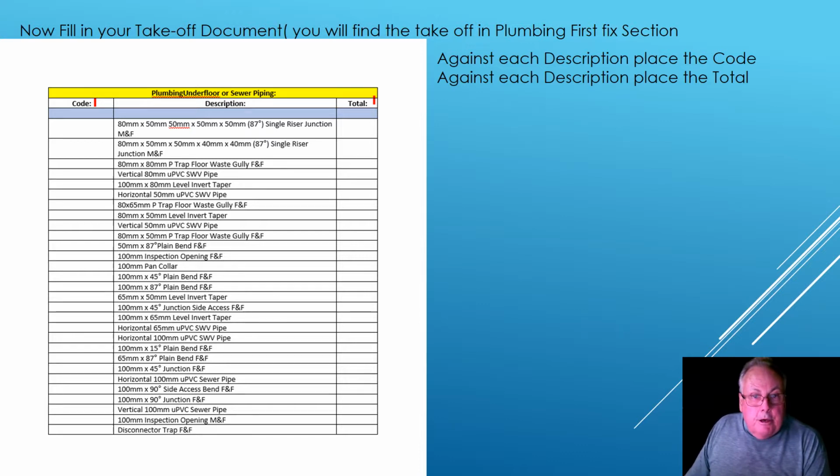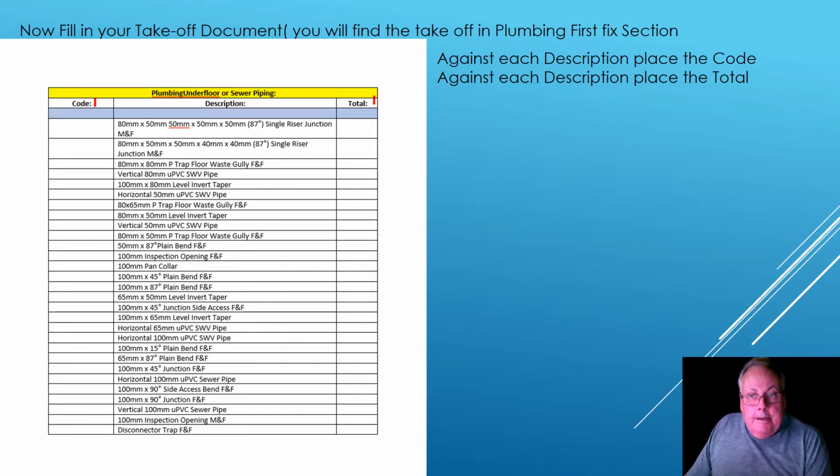And we talked about the code a bit earlier on, so that's a hint for you. Then for the 80 by 80 P-trap floor waste gully, you can find that in the schematic drawing and put in there what the code is and also the number. That's pretty simple to do, and just follow your way down one after the other all the way through.